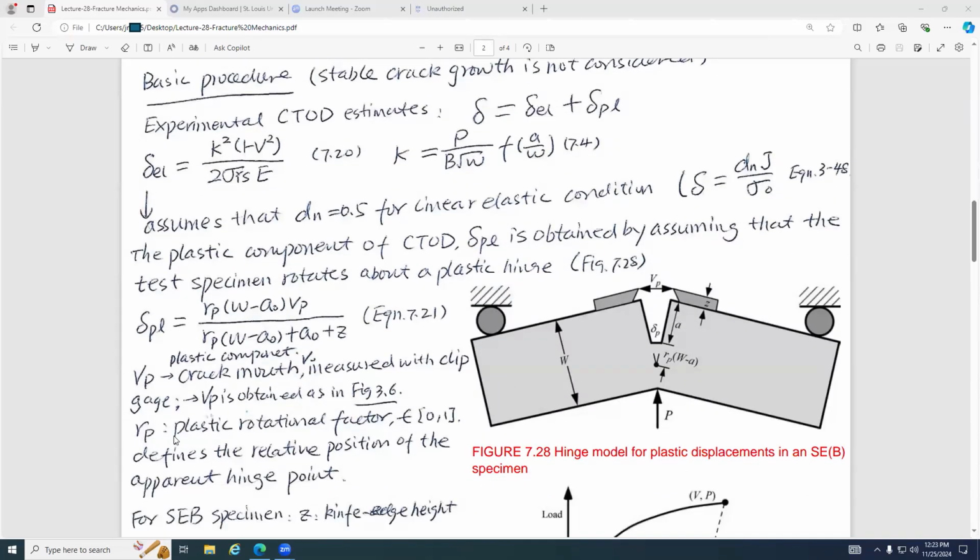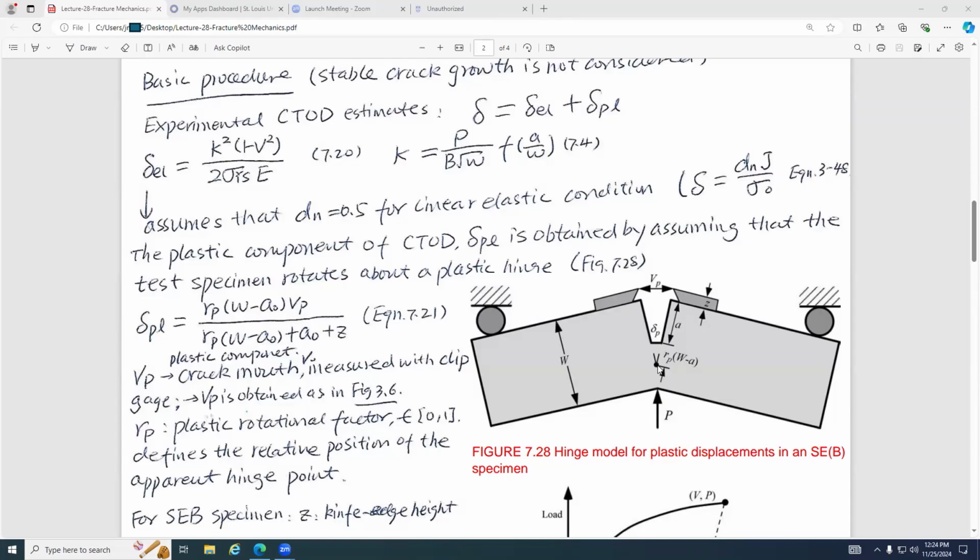RP, the plastic rotational factor, belongs to 0 and 1. It determines the relative position of the apparent hinge point. So how do we determine the hinge point? You need to do some tests to determine the RP, the hinge point. Look at ASTM 1820.